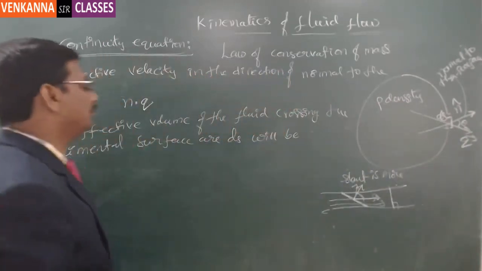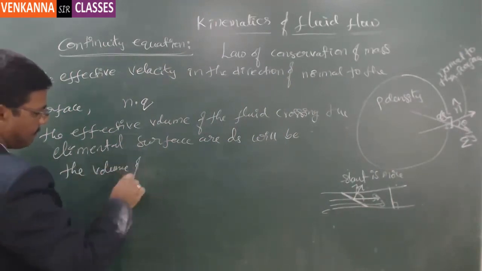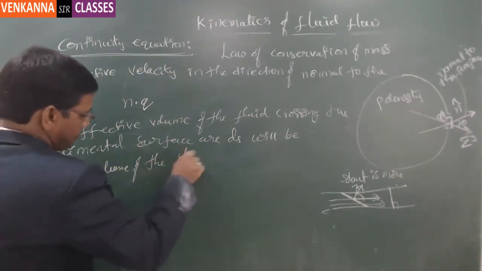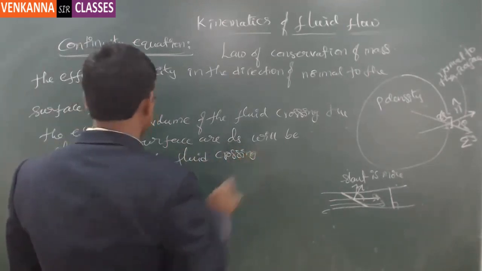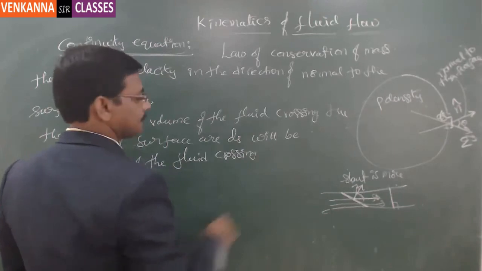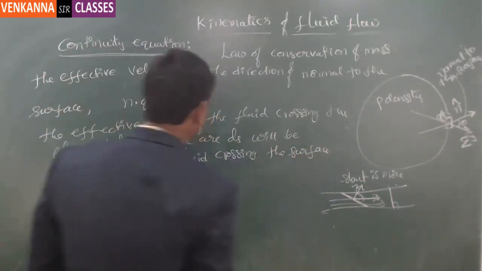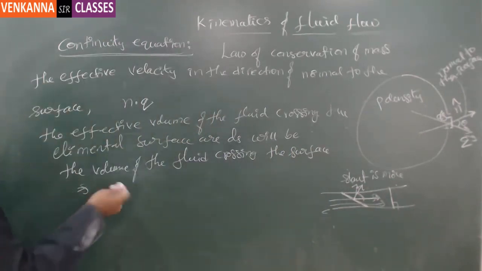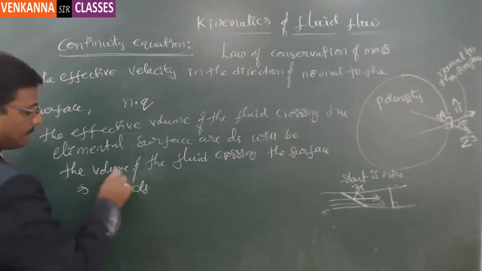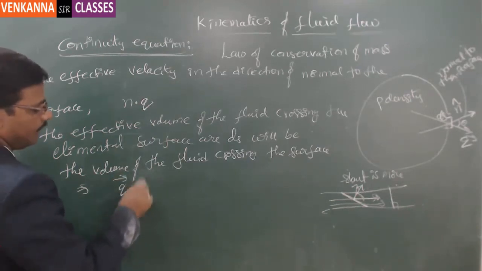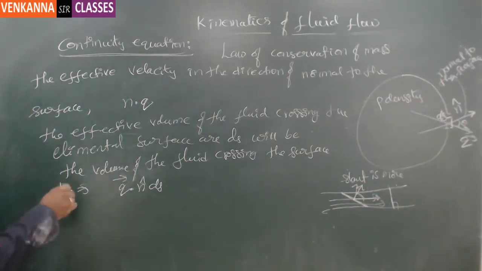So it has to be the volume of the fluid crossing the surface. This is equal to q dot n cap into ds. So this is the volume, or the dv, right?